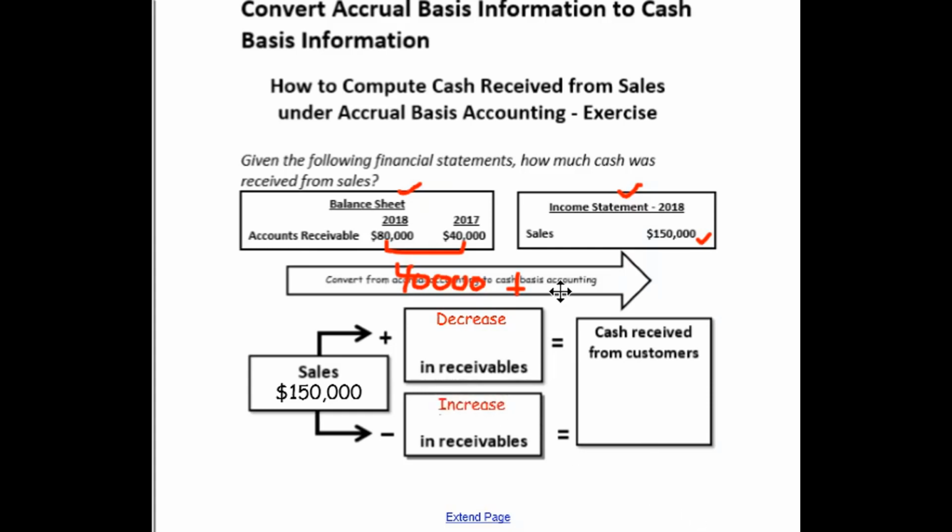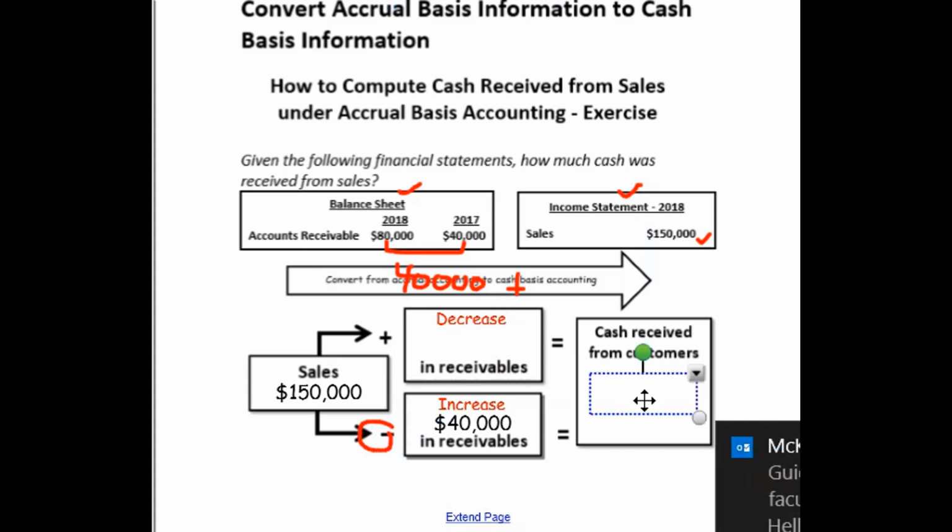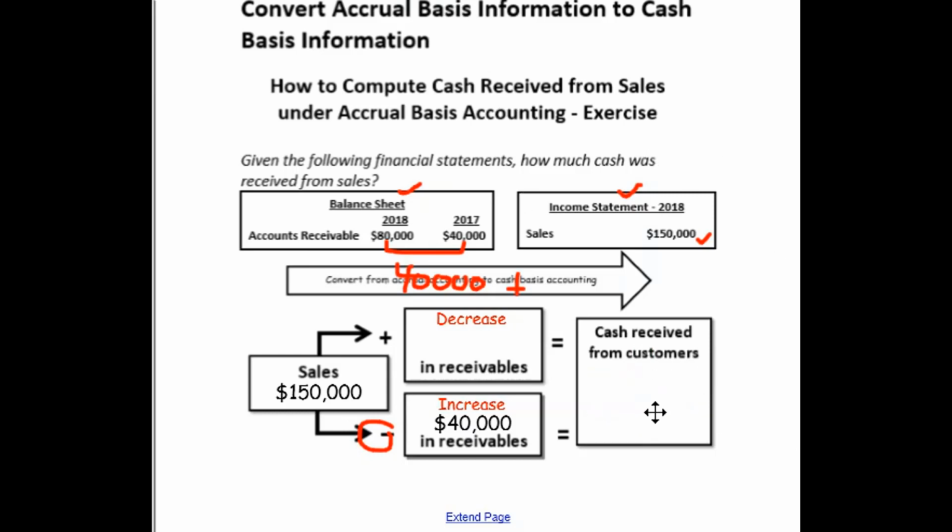Now I see I've had a $40,000 increase in accounts receivable, so I'm going to use the increase box, the bottom box, and put $40,000 in there. Now I take $150,000 of sales minus my $40,000 increase, and I end up with cash received from sales.